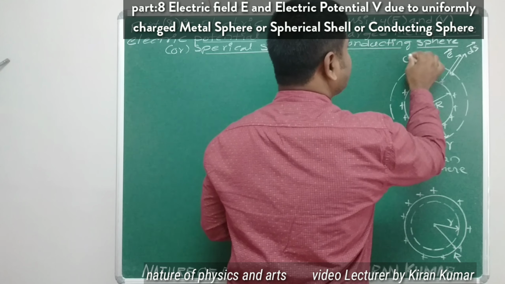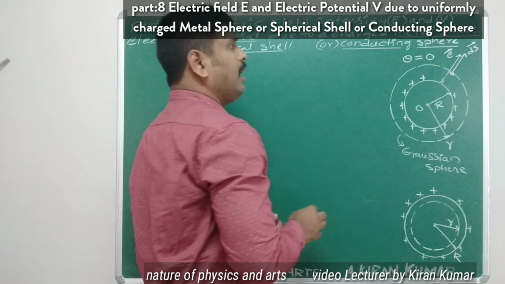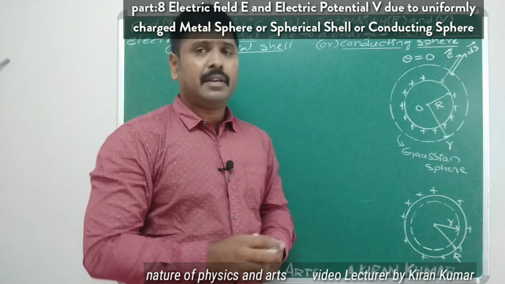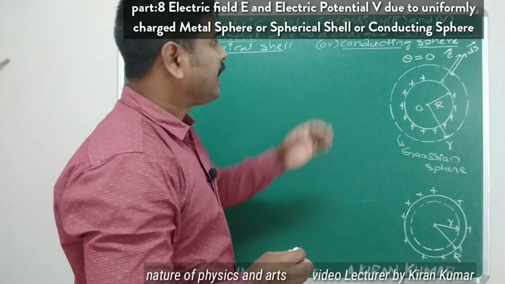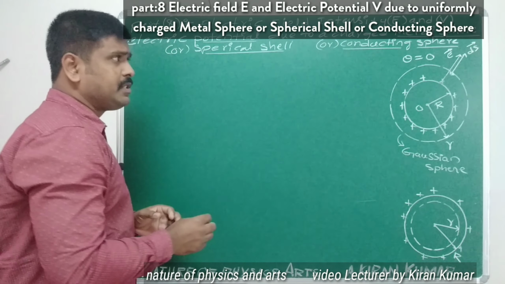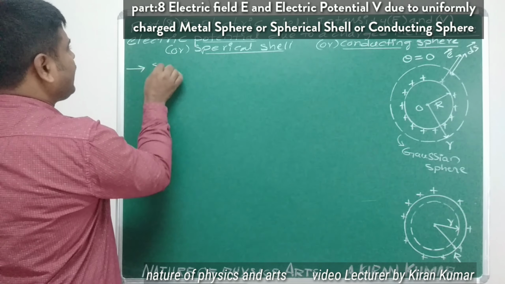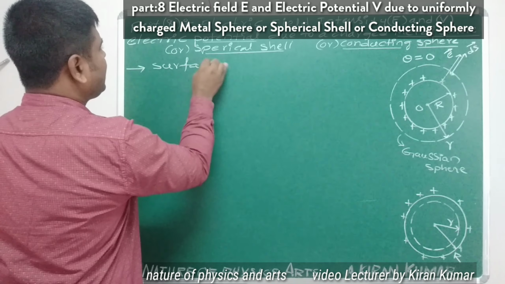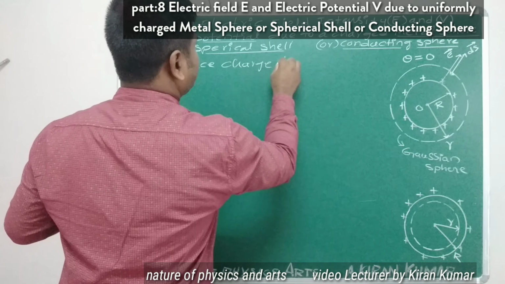Here theta is equal to 0, since E bar and ds bar are in the same direction.